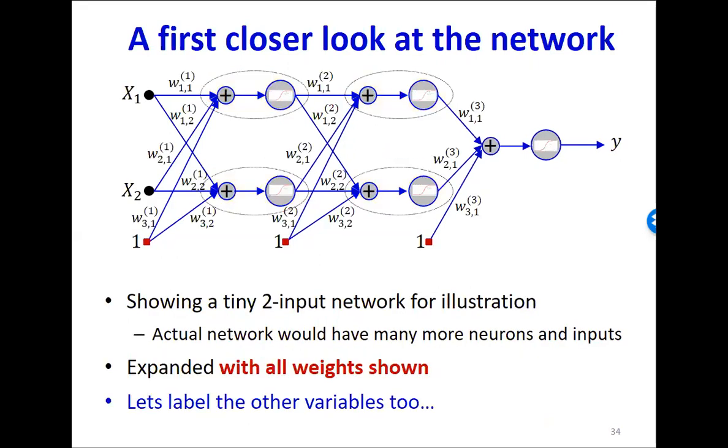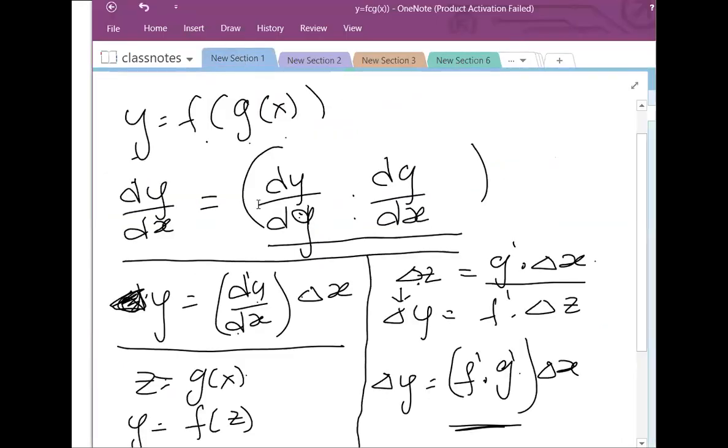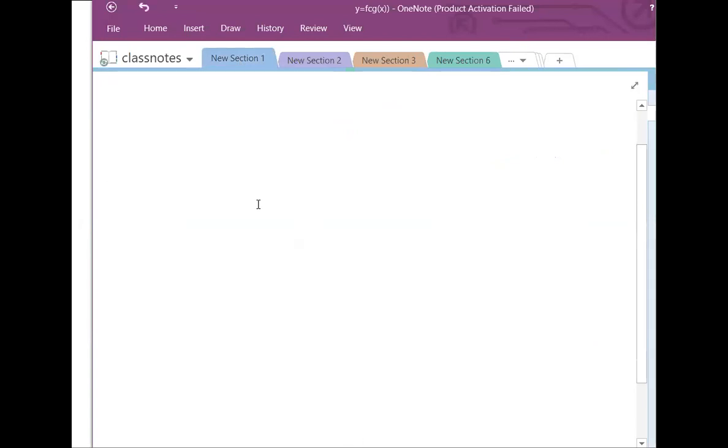Moreover, I'm going to actually represent each of the weights. Remember, the notation that we had for the weights: when I wrote W_ij raised to k, then this was the k minus 1th layer, and this was the kth layer.